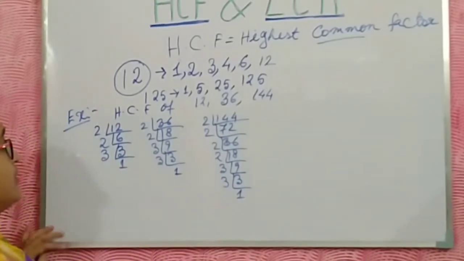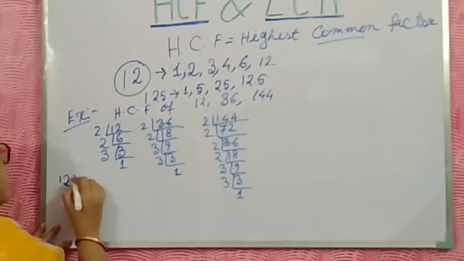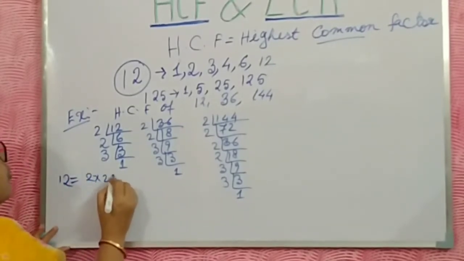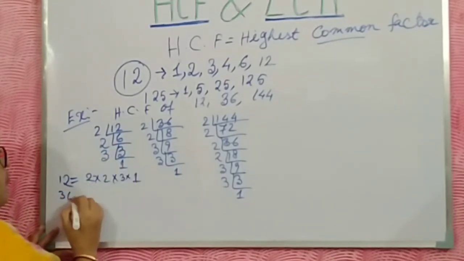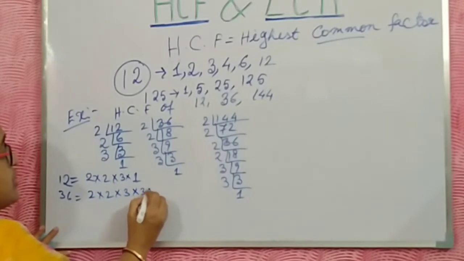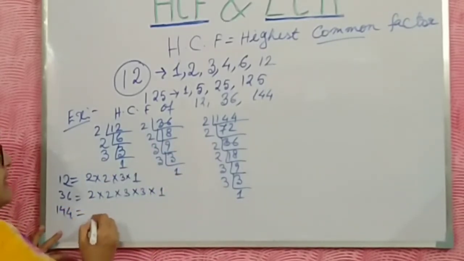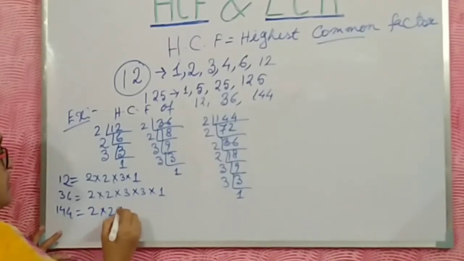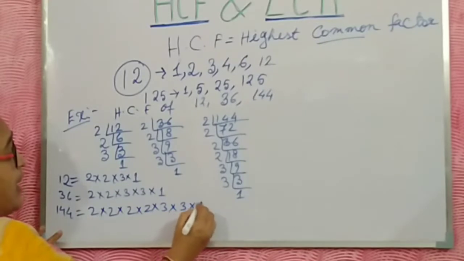Then you write like this: 12 is 2 into 2 into 3 into 1. Then 36 becomes 2 into 2 into 3 into 3 into 1. Then 144 is 2 into 2 into 2 into 2 into 3 into 3 into 1.